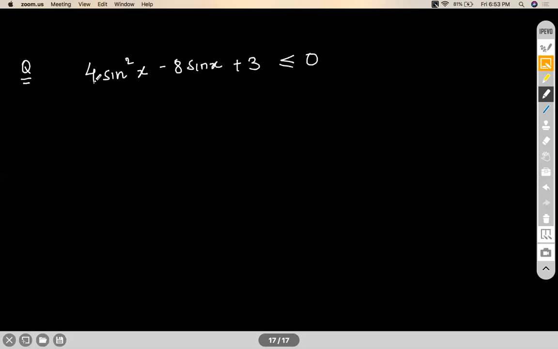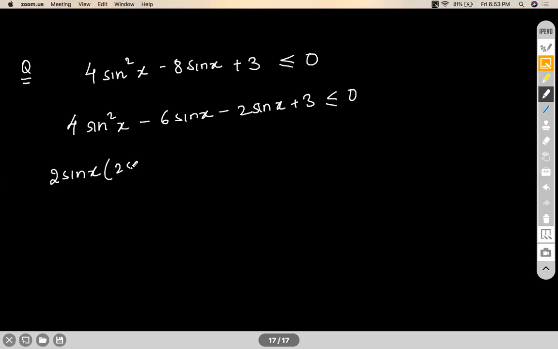Okay, let's see here. Is it factorizable, first of all? 12. Yes, it is factorizable as minus 6 sin x minus 2 sin x. Okay. So let's take 2 sin x common. So it is becoming 2 sin x minus 3.